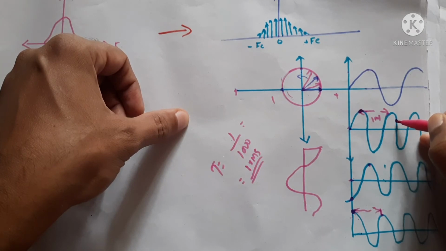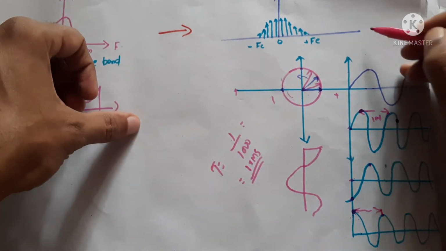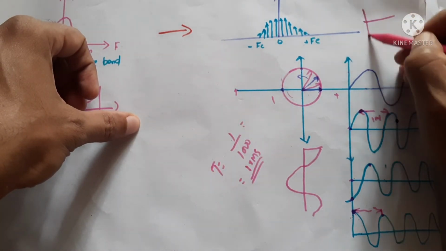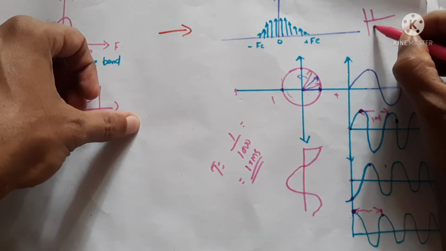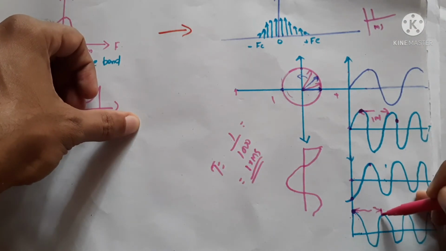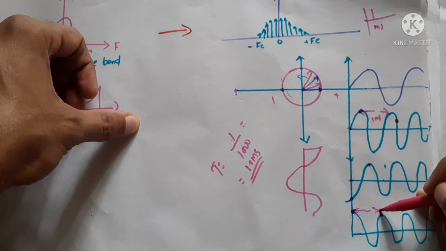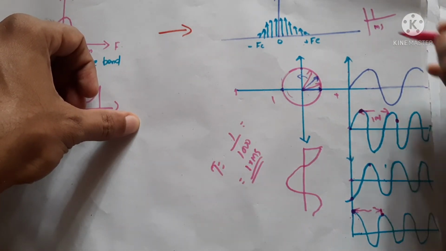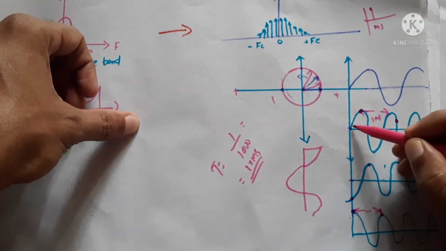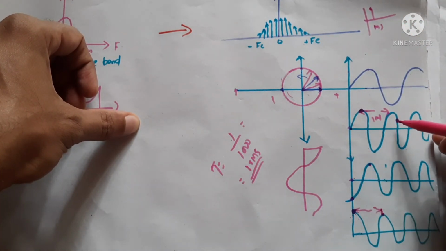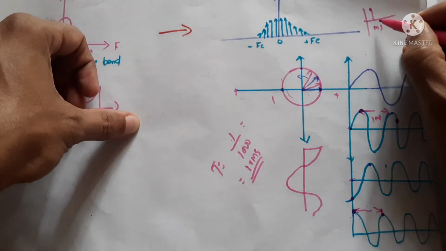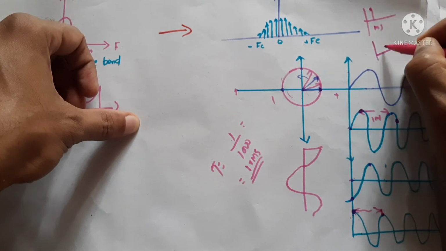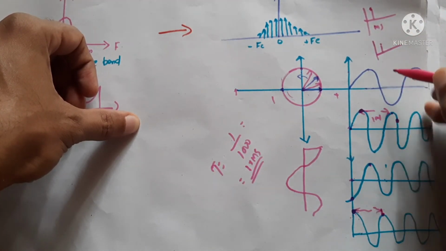That means when we add all the signals, if we take the value at 1 millisecond, this signal value will be maximum. This sinusoid will be at its maximum, but this other sinusoid is moving very fast, so it is not at its peak, it is at some other value. So this value will be much less.